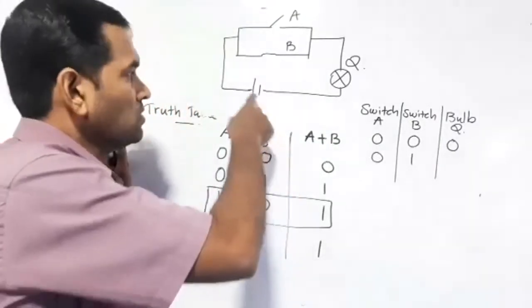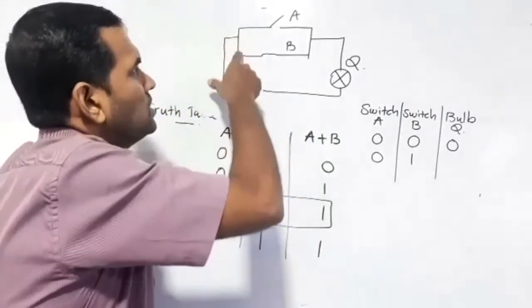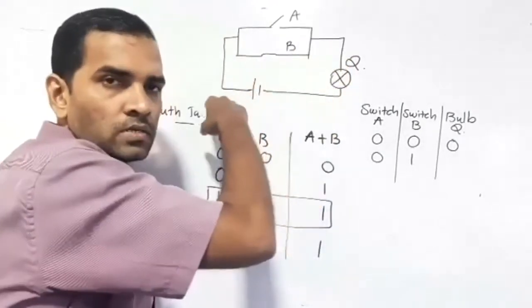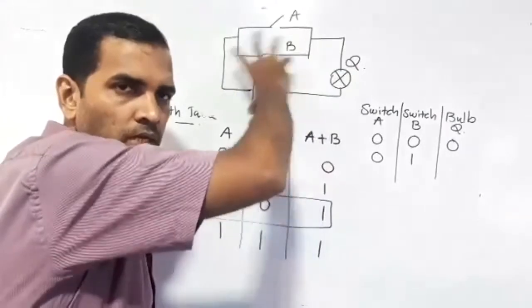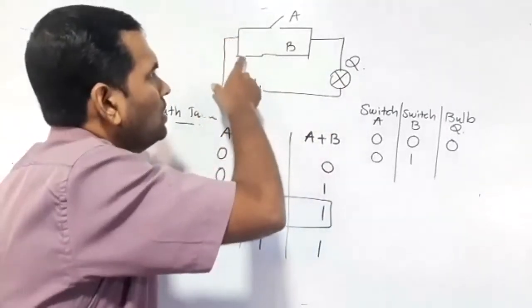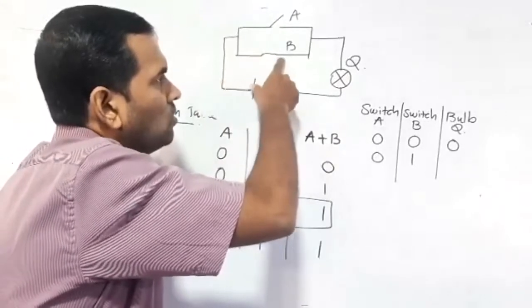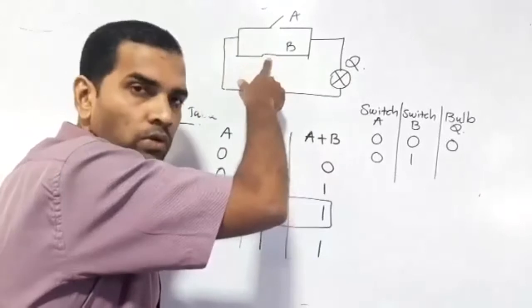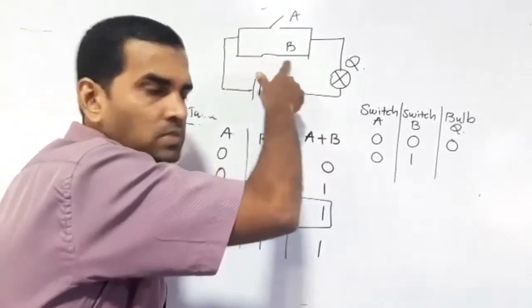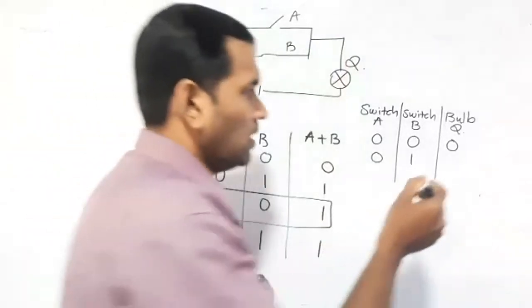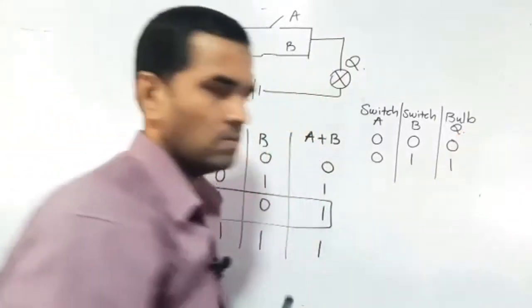It lights, because look here, electricity can flow in this direction. There is a complete circuit, right? You can see that. This can go here and it can go along this way because the switch is on here. So electricity can travel here and the circuit is complete. So now the bulb works. This means 1.